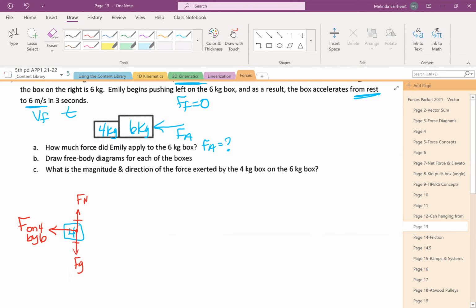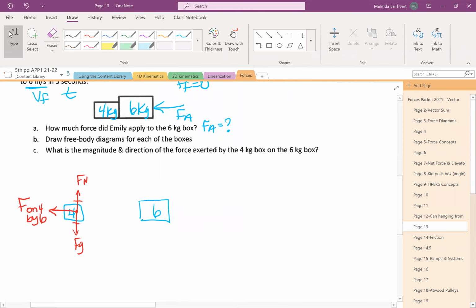That's it. What about the 6 kilogram block? What forces are acting on the 6 kilogram block? A bigger gravity. So maybe I make these a little different, right? FG4. FG6, or you can call it AB. Still not moving vertically.